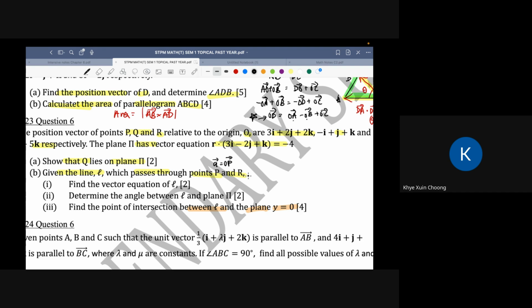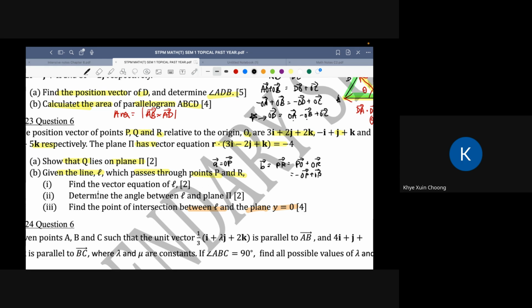Then you have the direction vector b as PR. PR we can find by using PO plus OR, which equals negative OP plus OR. By using this, you can find PR. So when you have PR as b and OP as a, you can write out the vector equation of the line.